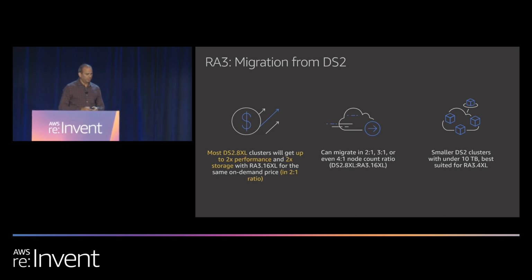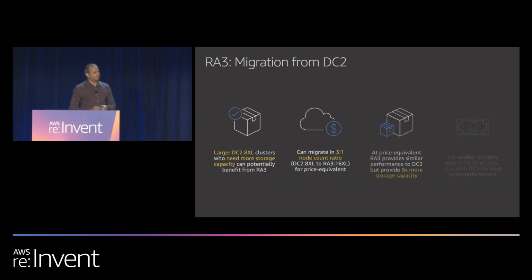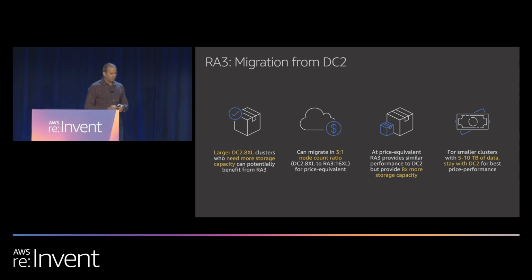If you have a smaller DS2 cluster under 10 terabytes, RA3 16XL may not be cost effective. I would suggest that you wait for the RA3 4XL to come out in the next few months, and then you can consider using that to migrate. What about if you have dense compute? If you have one of the smaller dense compute clusters, under 5 or 10 terabytes, again, this might not be cost effective for you right now until we launch the 4XL, the smaller slice of it.